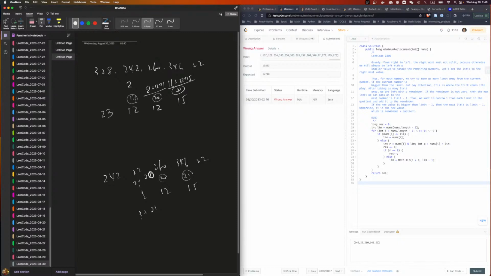Until a point where, so I can do another one, do another one, do another one, because each time I can get something out, right? And add it to this. So each time I can take a quotient out. So times how many quotient, and I have the remaining plus this. And this would just be your limit minus this.